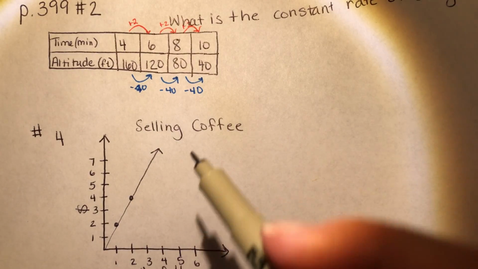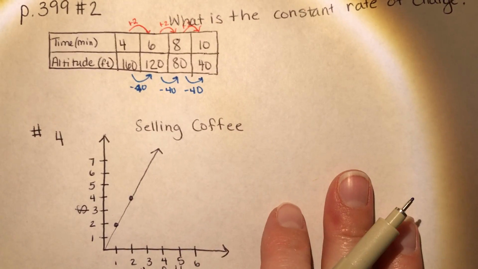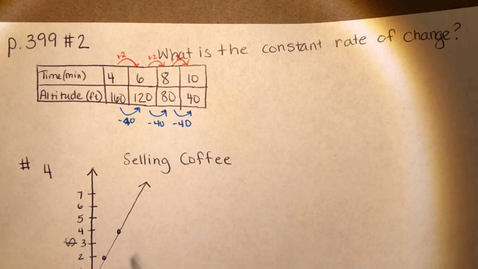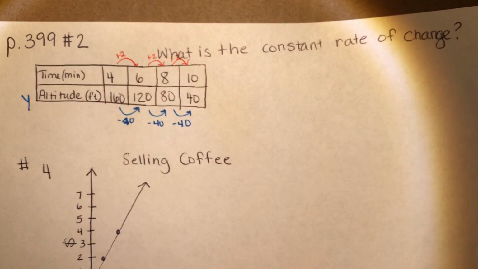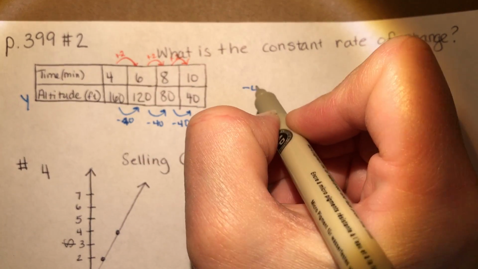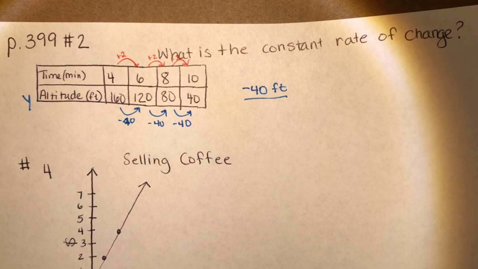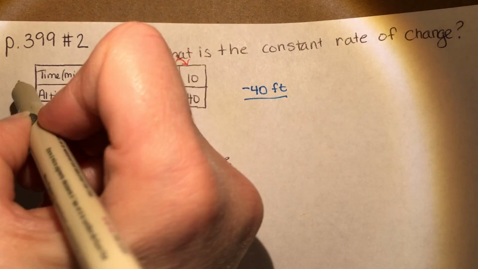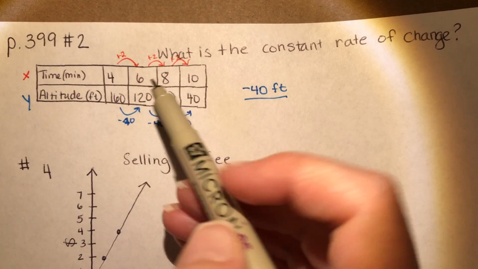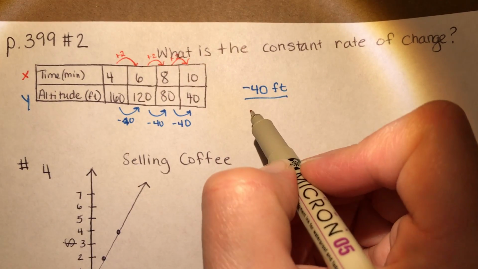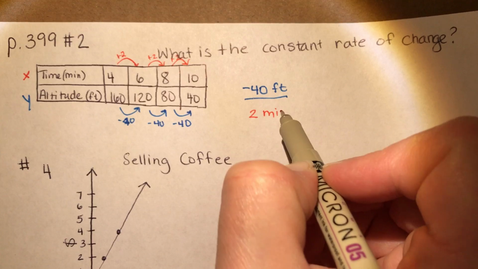All right. Reminder, for a constant rate of change, it's the change of y, which is this value, so negative 40 feet, over the change of x. Reminder, this is your x value, so all the changes were 2 minutes.